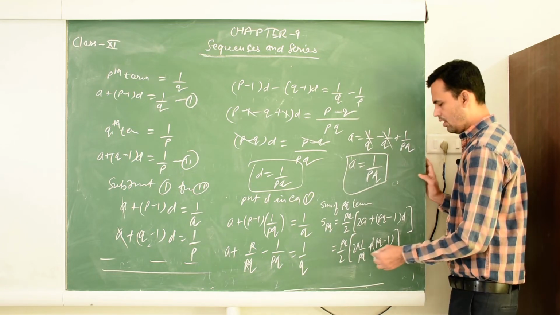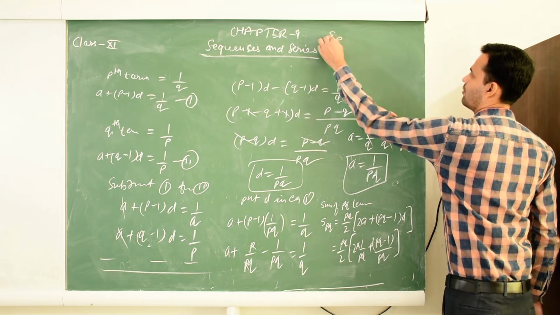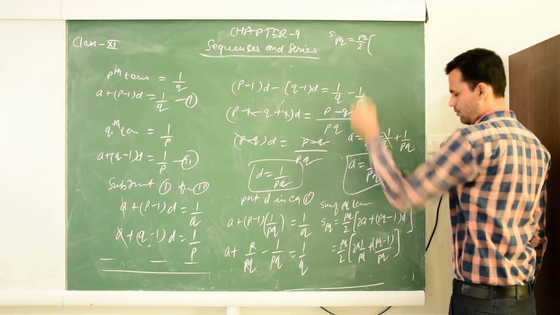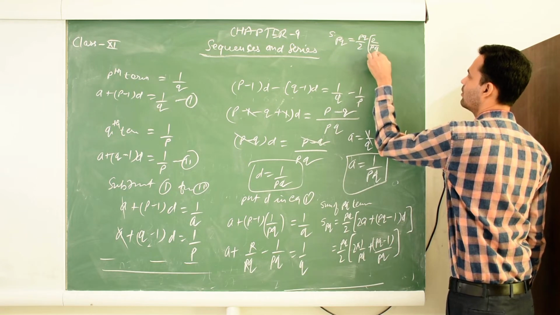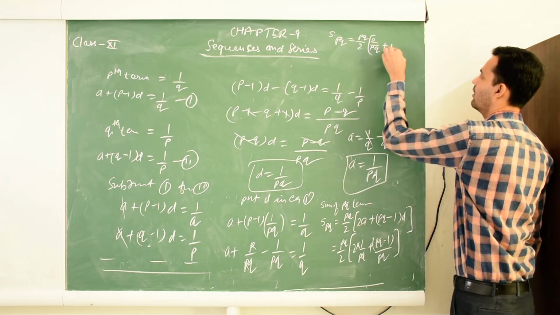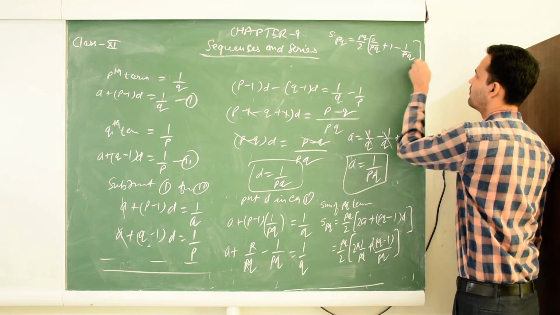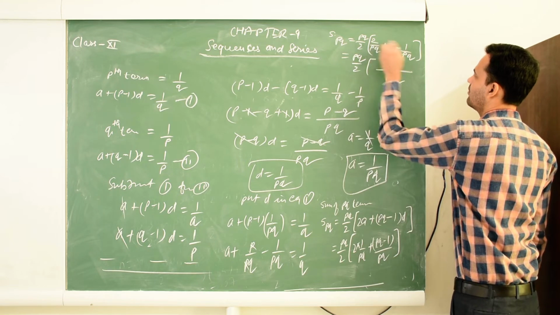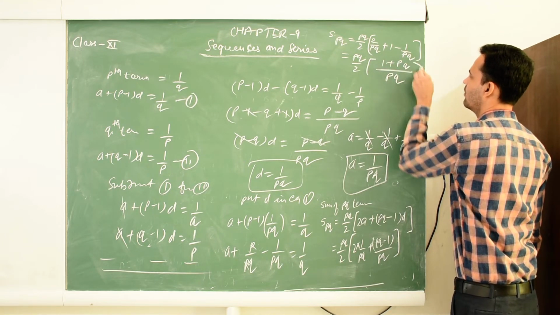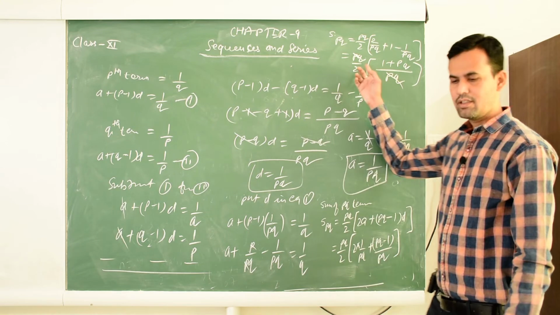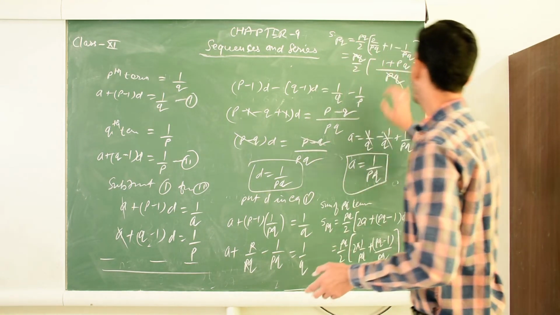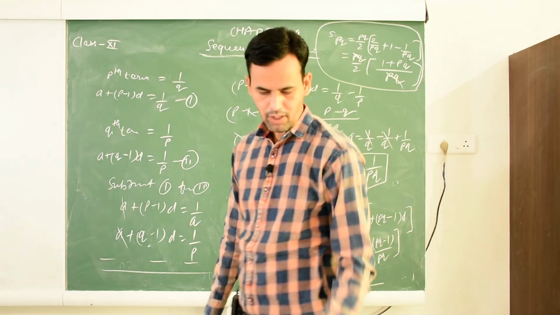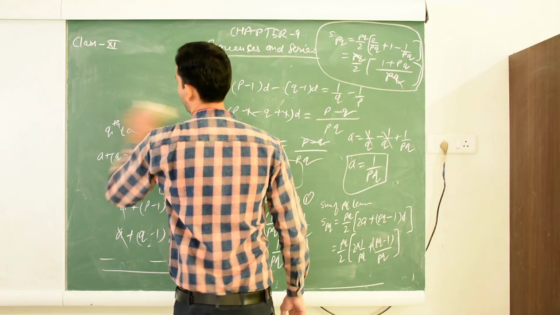So Spq equals pq upon 2 into (2 upon pq plus 1 minus 1 upon pq). So pq by 2, with pq as LCM, it is 1 plus pq, these two cancel, so we get the answer as 1 upon 2 into (pq plus 1). This is the value of Spq. Okay, this is question number 5. Now the next question.